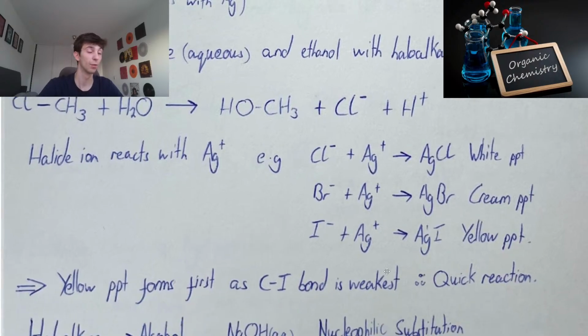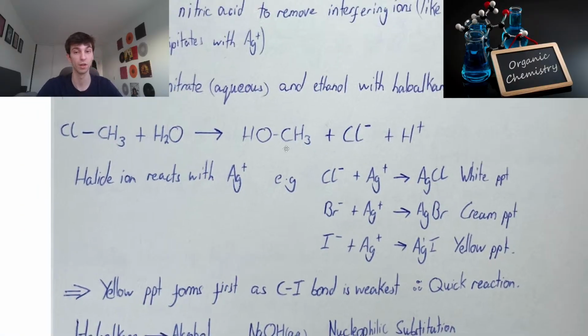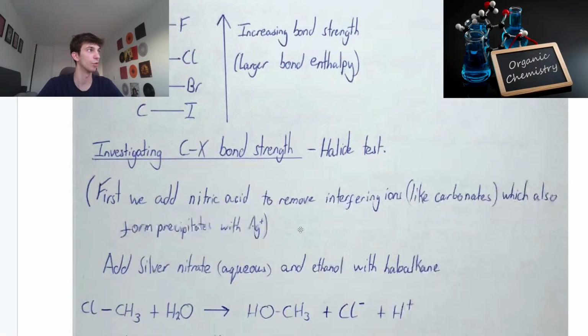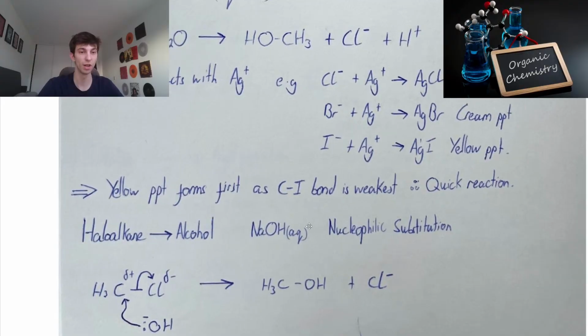The key thing that we would spot is this yellow precipitate would form first because that carbon-iodine bond is the weakest. Therefore, it will be the fastest reaction because it has the lowest bond enthalpy. Guys, this is OCR. I'm going to keep saying it.